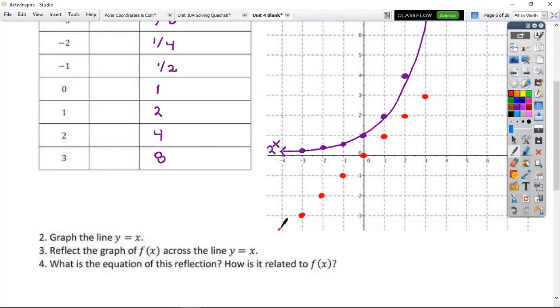And connect. And label, please, because you're going to have a couple things on here. So this is y is equal to x. I'll color coordinate this one too. So this is my red one. That goes with that color.